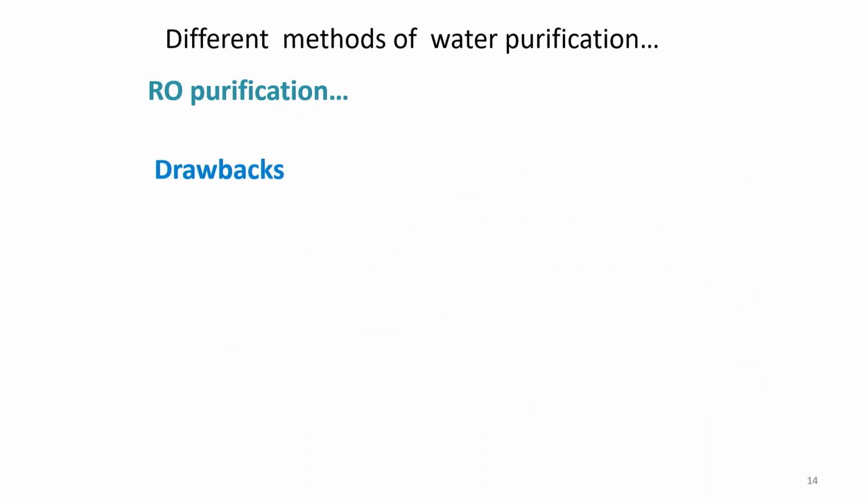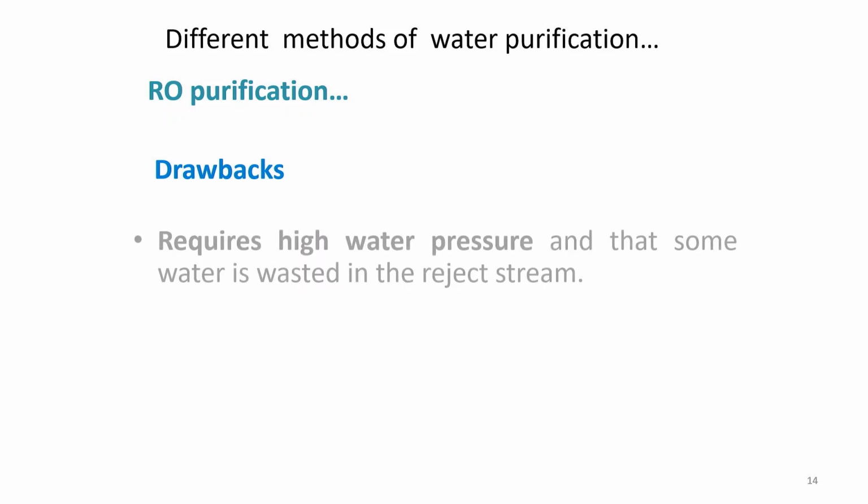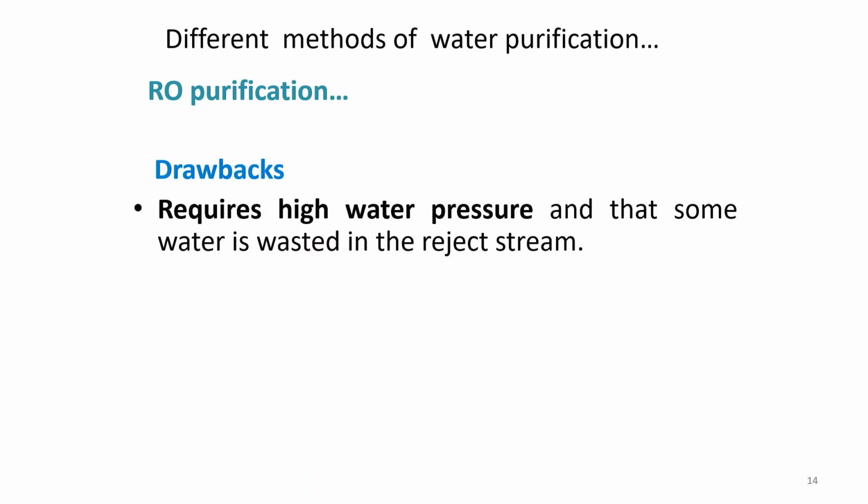So, let us see what the drawbacks of RO are. RO does a great job in purifying water, but there are some drawbacks. The main drawback is that RO requires high water pressure, and some water is wasted in the rejection stream, which is important.